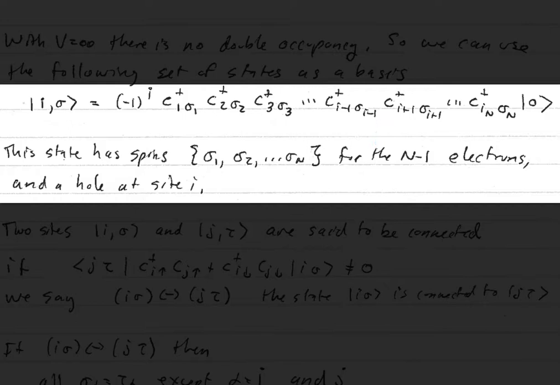And so this state has N minus 1 electrons, and each of those electrons has a spin configuration given by sigma 1, sigma 2, sigma 3, etc. And there's a hole at site I. And so that's why we use this symbol I comma sigma to denote this state. And we need to recognize that sigma is this multi-index sigma 1, sigma 2, all the way out to sigma N. Of course, sigma I will equal 0 in that notation. And that's because there's no electron at that site, so there's no spin associated with that site.